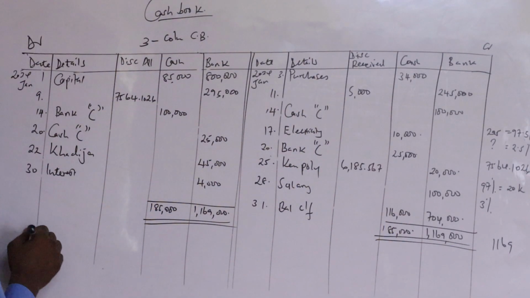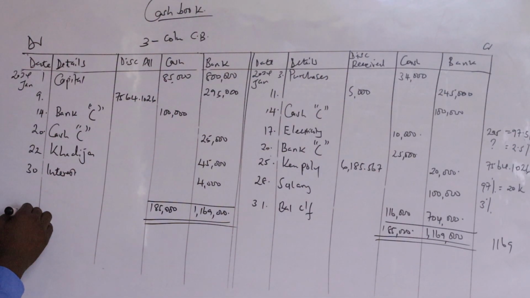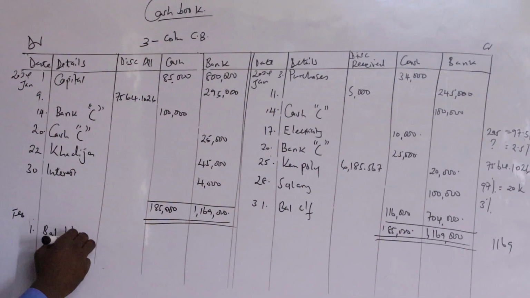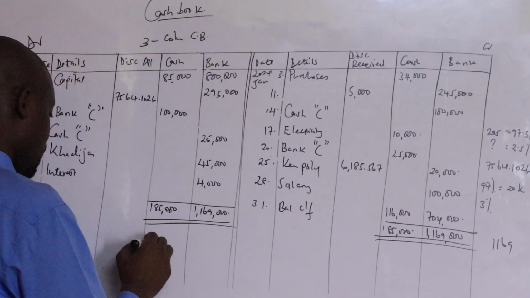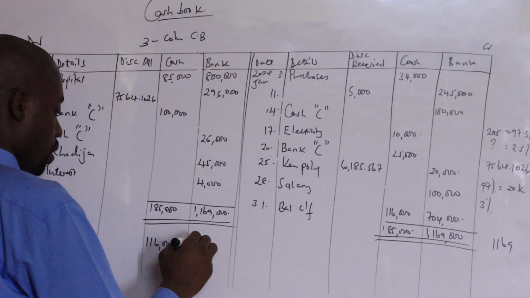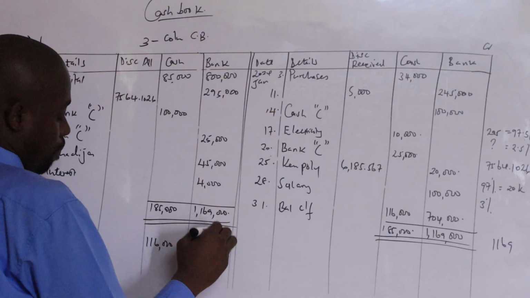So on the first day of the next month, which is February 1st, we'll have balance brought forward from the previous month. We had 116 from cash and 704 from bank.